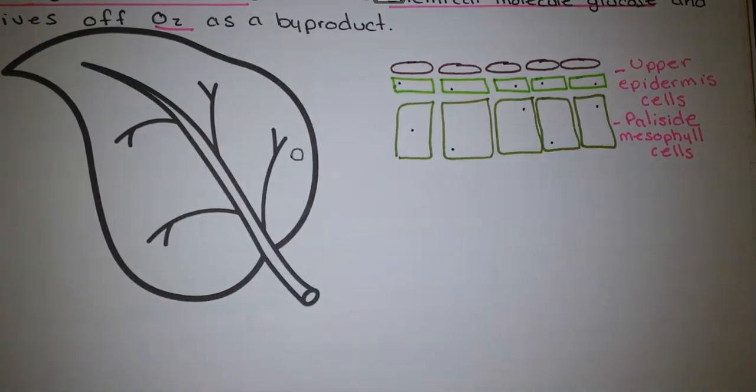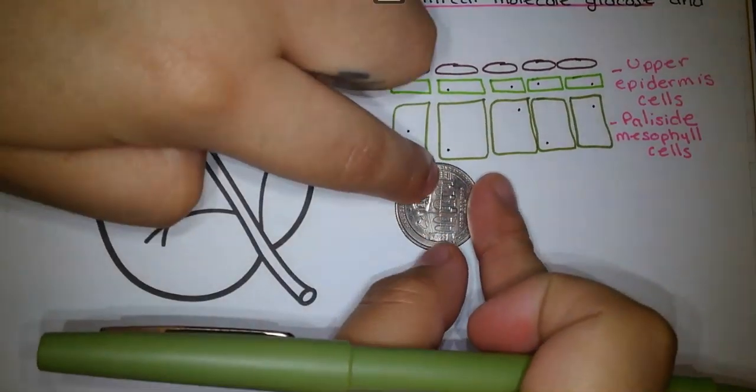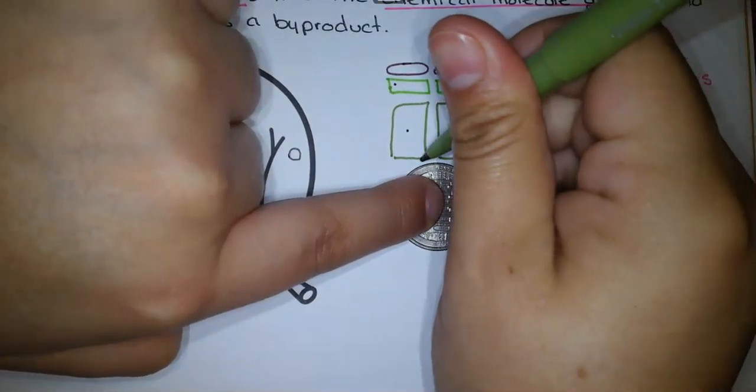After the palisade mesophyll cells, we're going to have spongy mesophyll cells. And I might have dropped my quarter. Nope, it's right here. Okay, so I'm going to trace it.